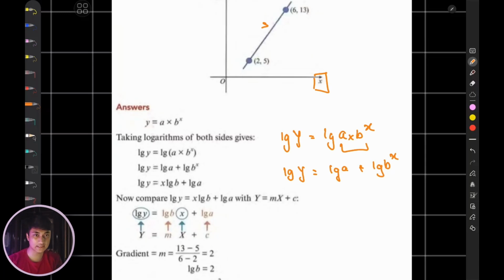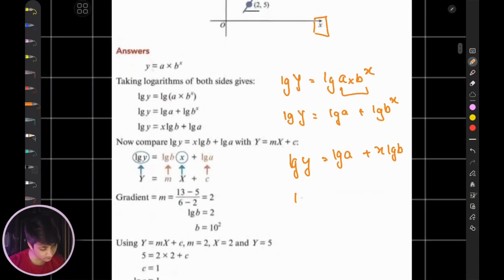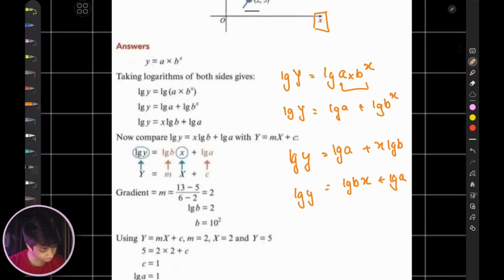Whenever your term inside has a power, you can bring that directly in front of the logarithm sign, right? So you can say LGY is LGA plus x LGB, right? Great. Now what can you do? You can reorganize this equation to make it more suitable for you. LGB x plus LGA, right?